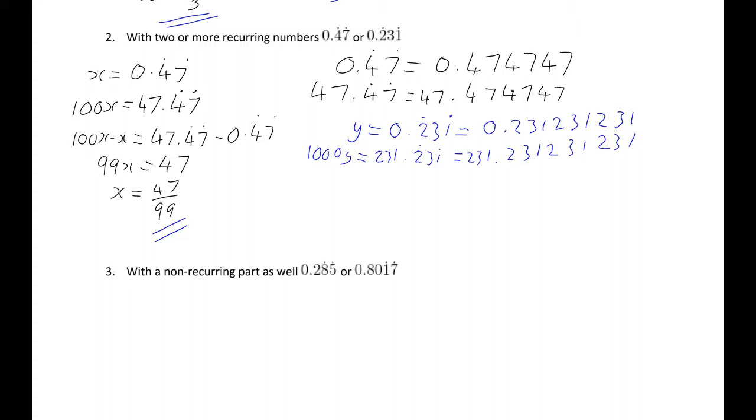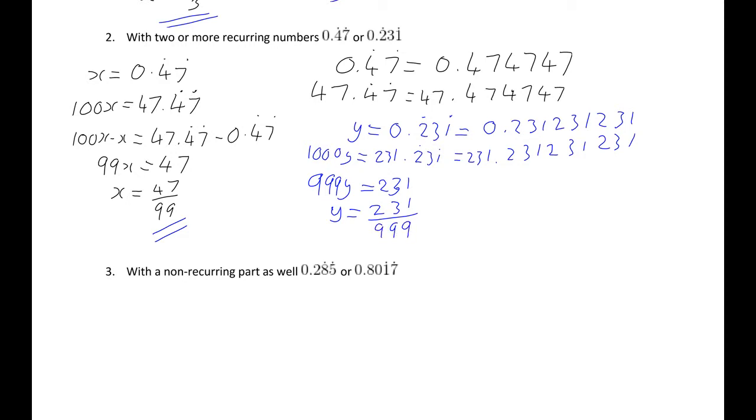Okay, so now we do 1000y minus y, which is 999y, and that equals 231.231 recurring minus 0.231 recurring, so that gives us 231. Okay, and then that simplifies by dividing by 999 to be 231 over 999.